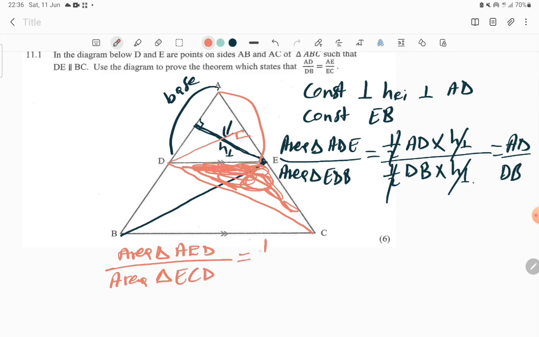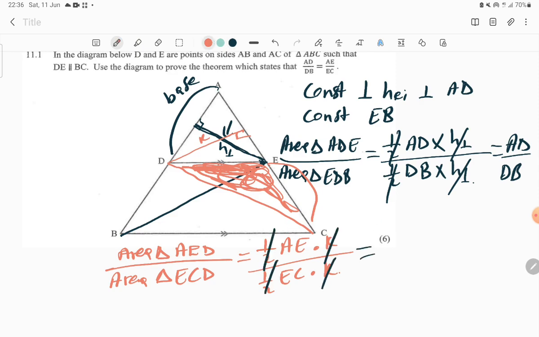It's going to be half, our base is AE, times this height, which you can name K, divided by another half, with another base EC, times K. If we simplify everything else, we have AE divided by EC.